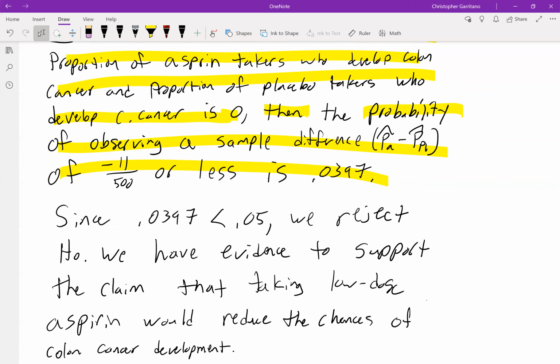So either we got very lucky or something else is wrong, and that something else is that our null hypothesis is probably wrong. So that's why we decide to reject the null hypothesis, right? We either got really lucky or the null hypothesis is wrong. So we're going to say we reject H null.